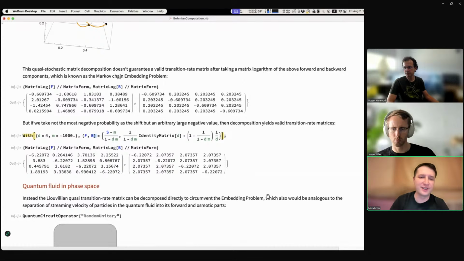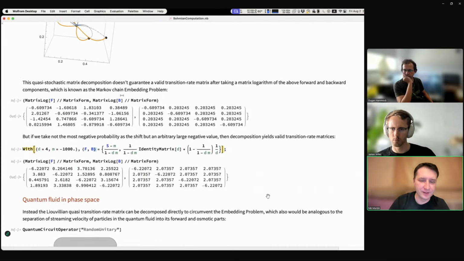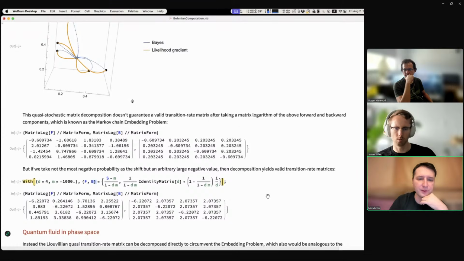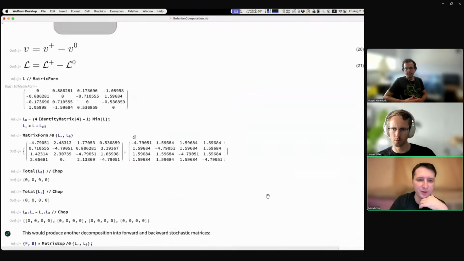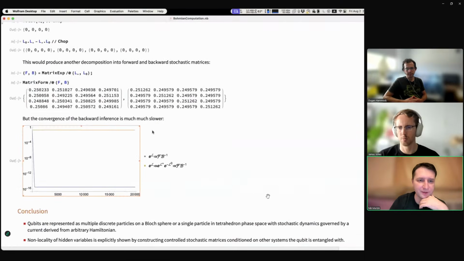So either you decompose in the group or in the algebra domain, and you can get different things. If you do it in the algebra, there's no problem, but there's a precision problem. I think the decomposition was such that you have to apply more. I think I have it at the end here.